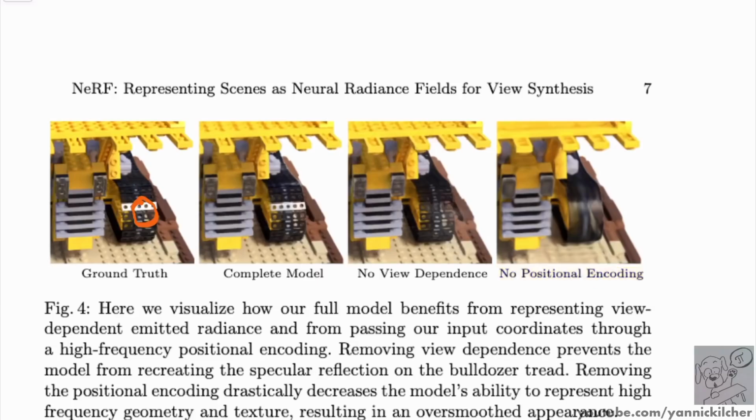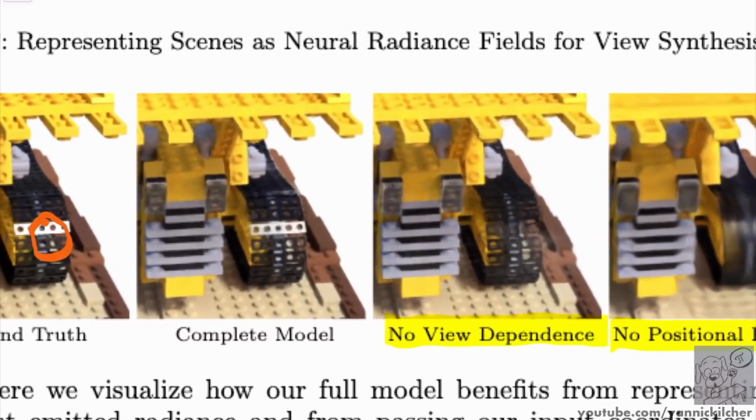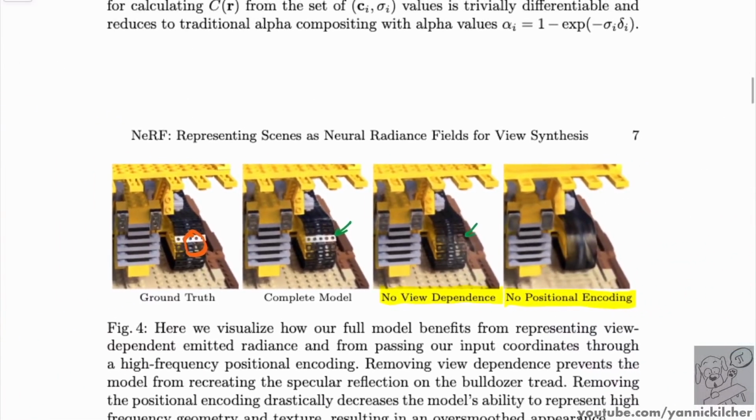If there's no view dependence, as you can see here, you do get the fine-grained structure, since you do have positional encodings, but you don't get these kind of light effects, right? This thing here is not a different color. It's simply the fact that the light shines on it, and it's just not there here because all the network can do is output the same color for all directions, and most directions simply don't have that reflection.